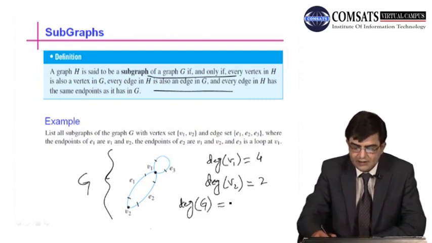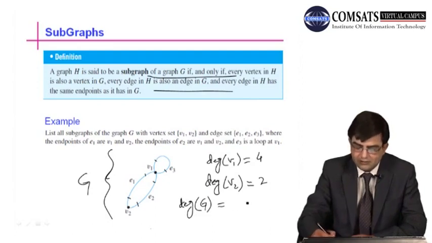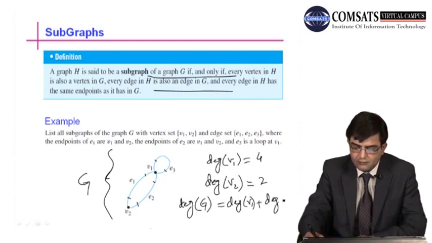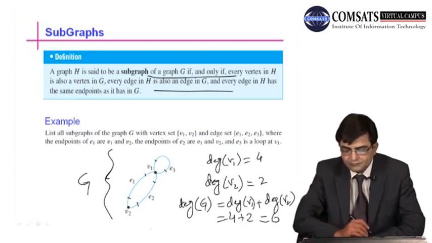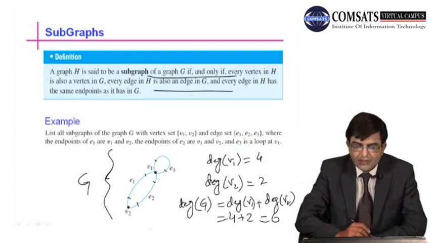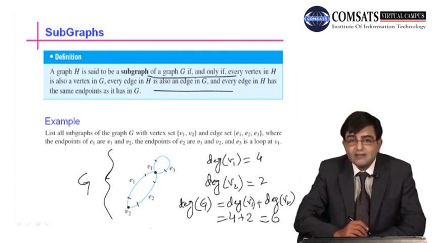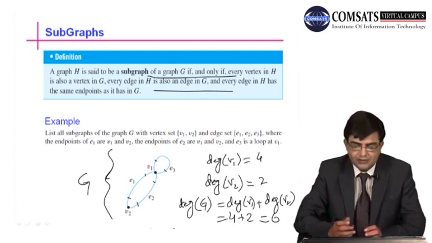This is the sum of the degrees of all the vertices, that is, degree of v1 plus degree of v2. So this is 4 plus 2, which is 6. So the degree of this graph is 6. This is how we can calculate the degree of a graph.